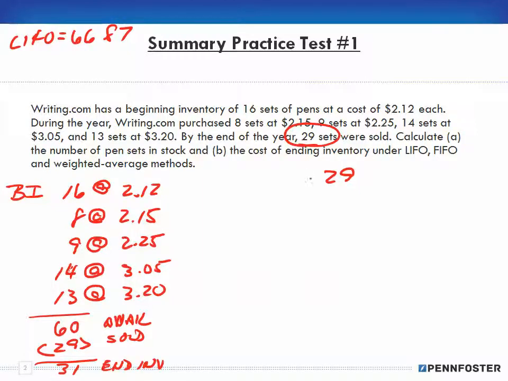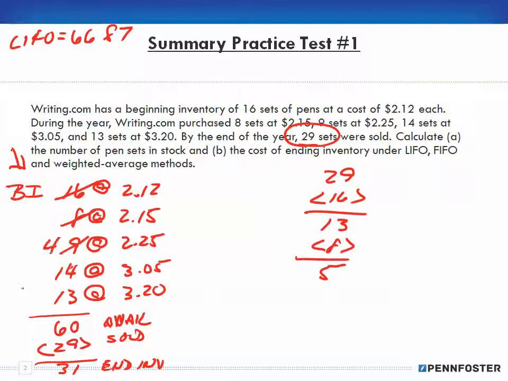So with FIFO, we're going to take the first ones in as the first ones we're going to take out. So we need to get rid of 29 of them. So we get rid of the 16. That gives us 13 left. We can get rid of the 8, right? Which means we have 5 left to get rid of. And so if we take 5 out of the 9, that leaves us with 4 left.